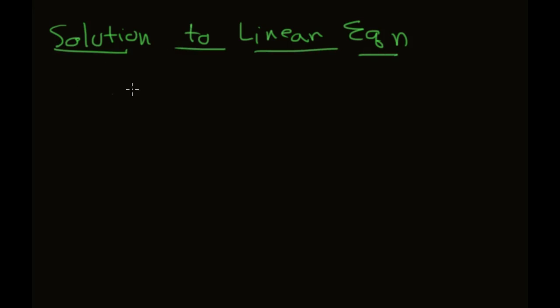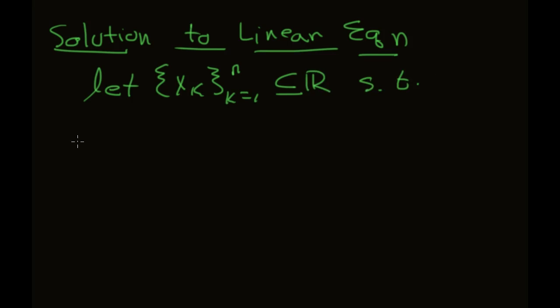So we're going to let x sub k from k equals 1 to n be a subset of the reals, such that this linear equation is true.